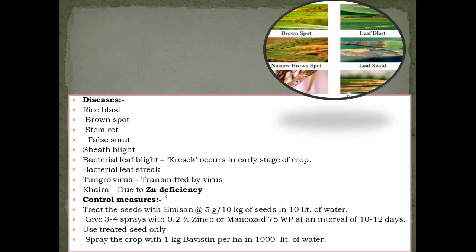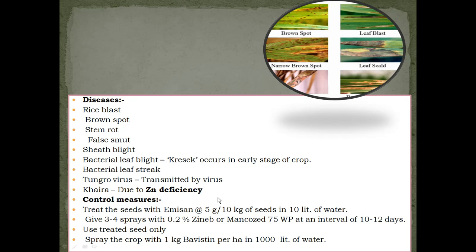Then next one, the diseases. Especially in the rice, diseases are also severe. A number of diseases can be found, that is the brown spot, rice blast. It may be leaf blast or leaf scald or narrow brown spot. Among these diseases, that is small smut, seed blight, stem rot, brown spot, rice blast, bacterial leaf blight, bacterial leaf streak, Tungro virus, and the Khaira.